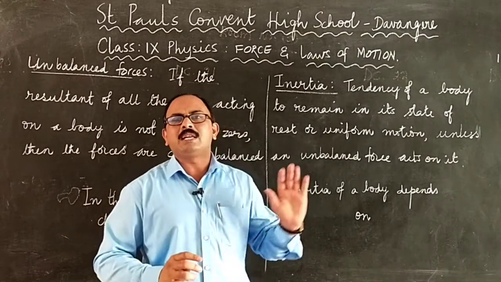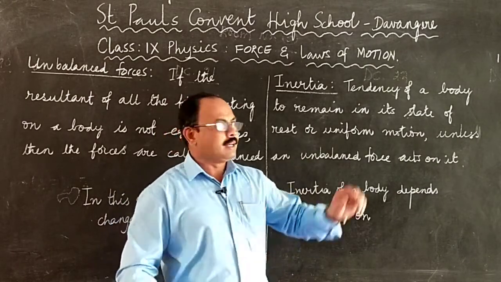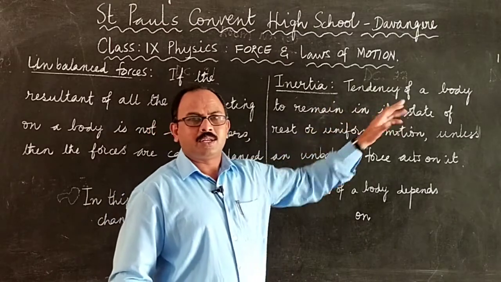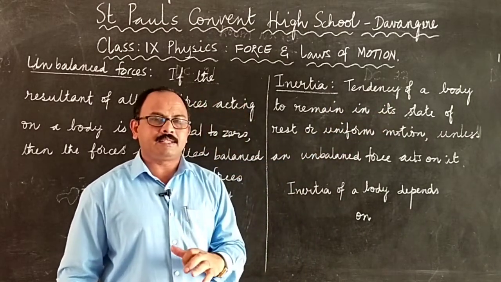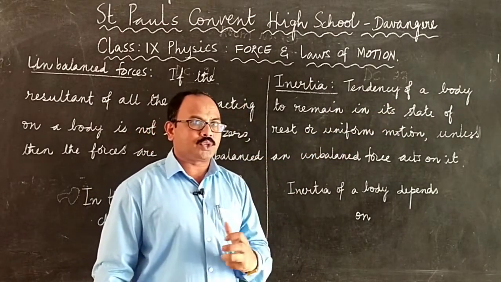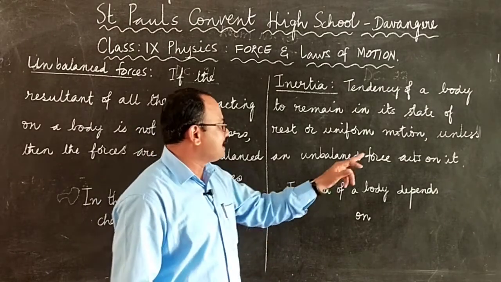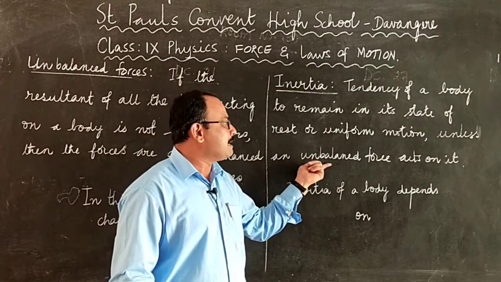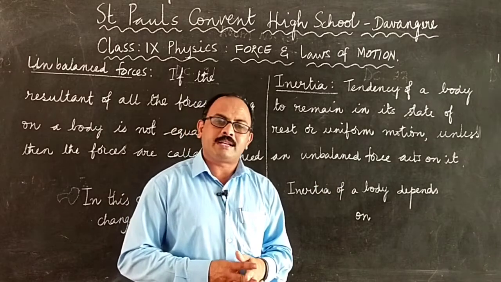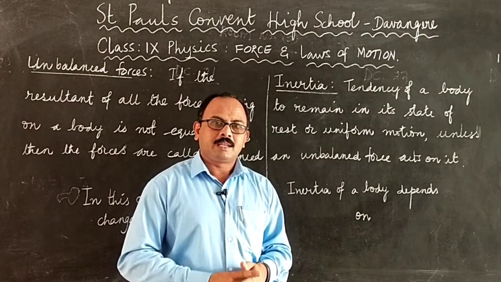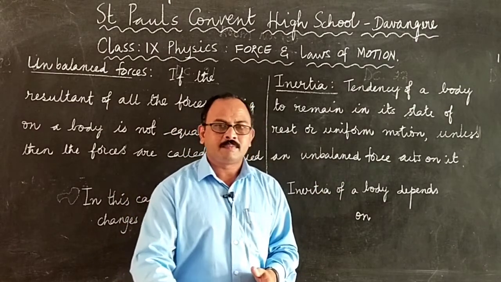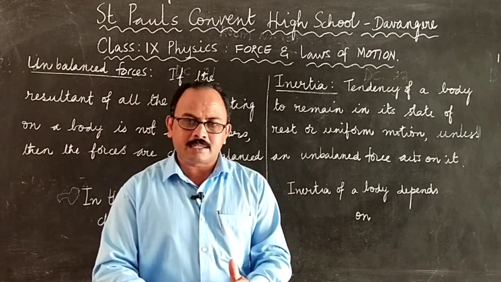This is about inertia, children. Inertia is the tendency of a body to remain in its state of rest or uniform motion unless an unbalanced force acts on it. If an object is at rest, it will remain at rest.